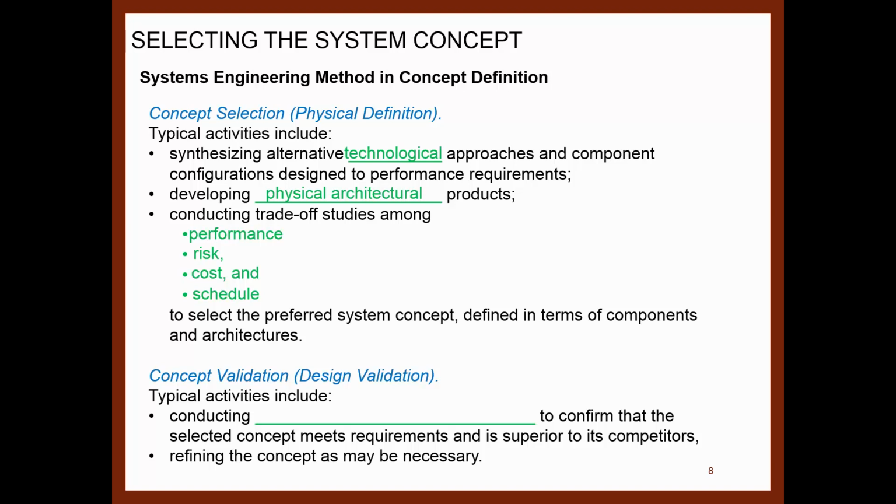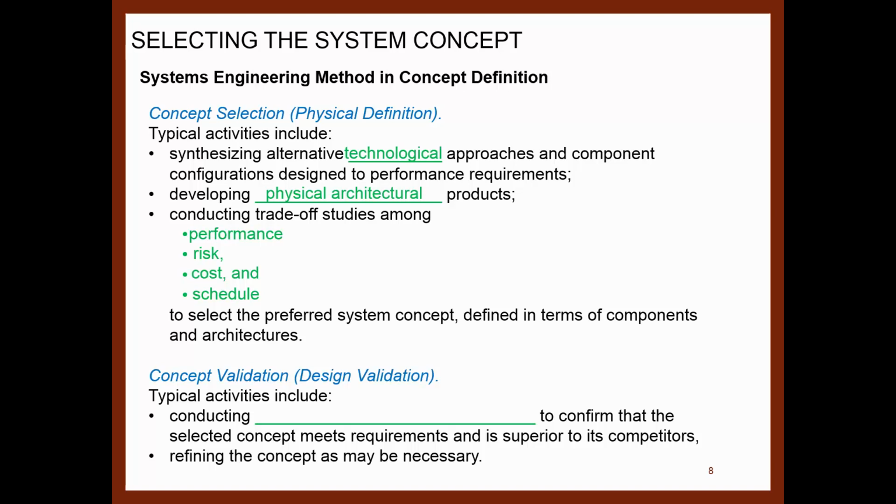At this phase, we are trying to address that technology. We have an idea of how the system should look at a higher level. Now we are trying to allocate technology to those functions that need to be performed by the system. And we are going to conduct some trade-off studies in order to know which of the alternative concepts is better to push forward into the next phase of the systems engineering life cycle model.